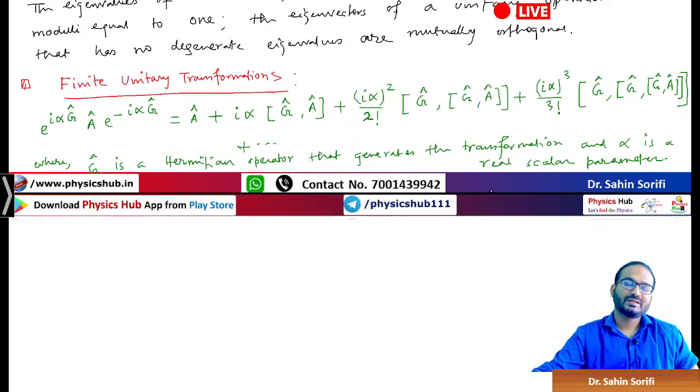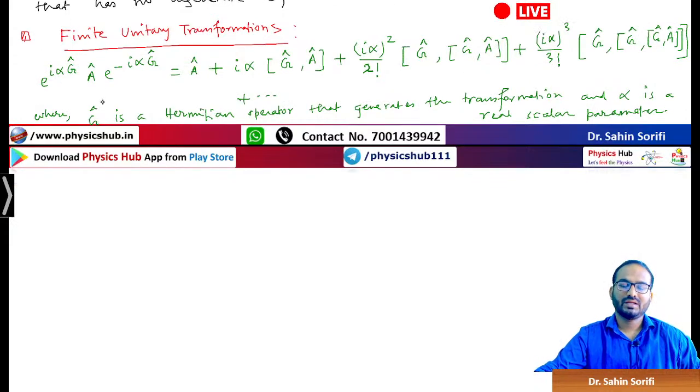So I think you will now be able to write it in this way, whatever problem you are given. One you have done with just a simple e to the power a cap, e to the power minus a cap. Here you have done it with some constant. This is finite unitary transformations.